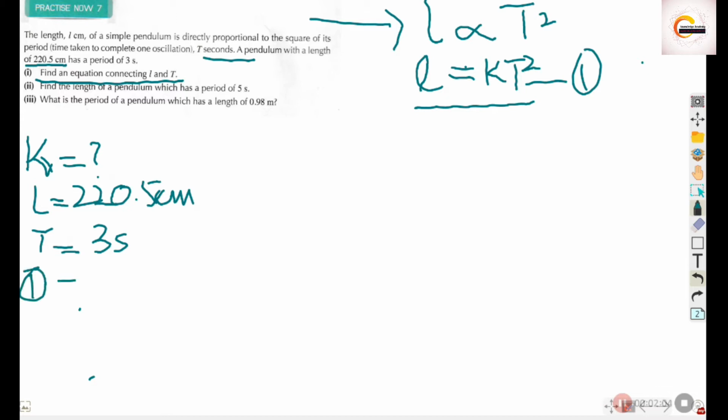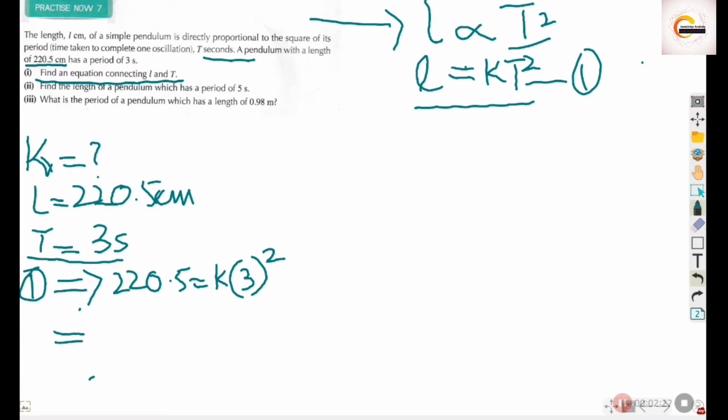Putting values in our equation number 1, that would be 220.5 is equals to K into 3 whole square. It's T square here, and the value of T is given to us, so we will just put the value of T and square it.